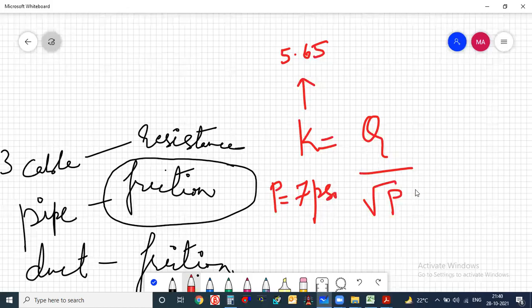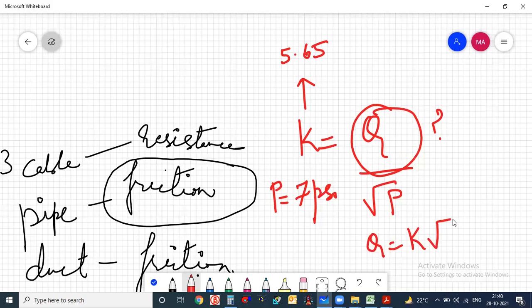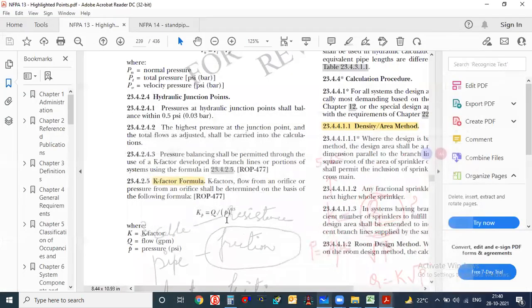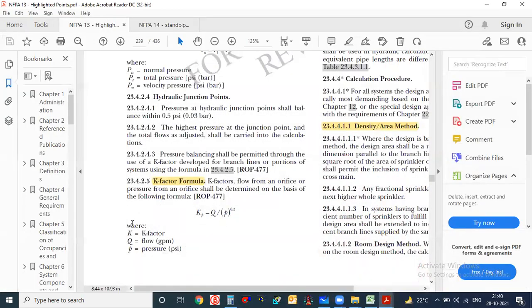With these two values, I can easily calculate my Q value. So you simply write Q equals K times the square root of P, so the 0.5 power will go. This is the formula we will get, and with this we can calculate K.